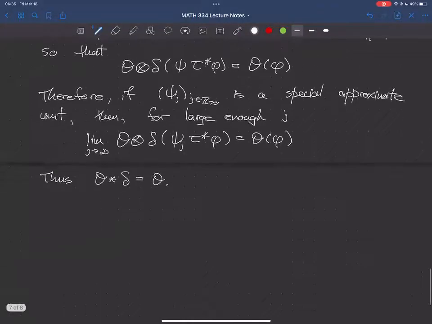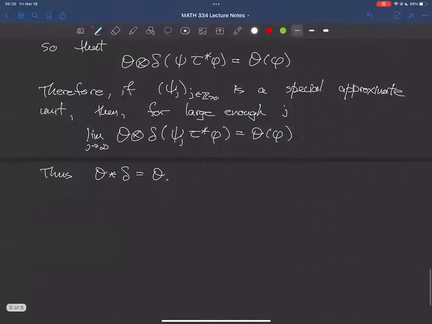All right, so convolution of distributions is commutative.